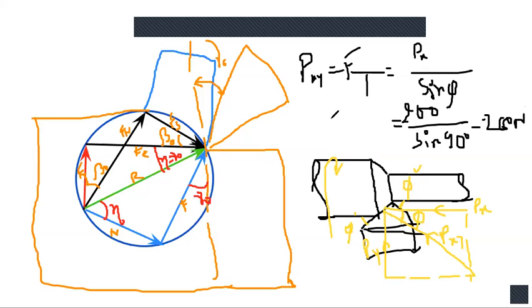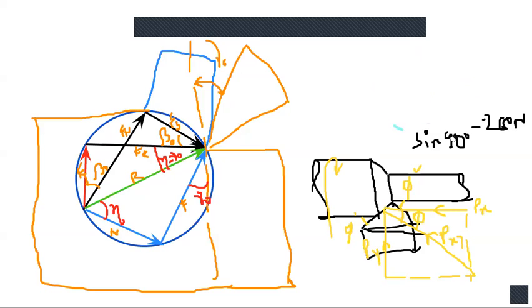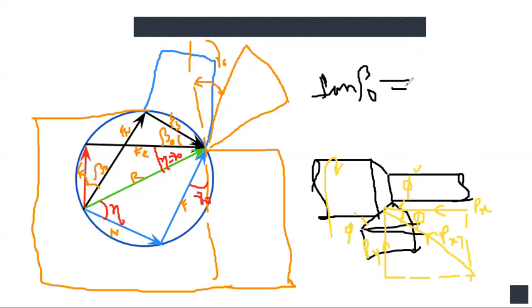Now another point: tan beta naught equals, we already know, cos gamma naught by xi minus sin gamma naught.